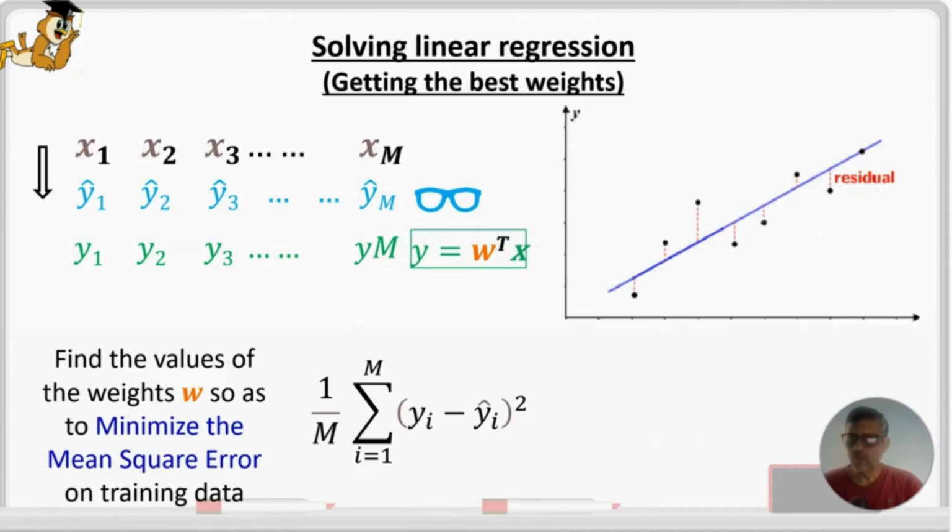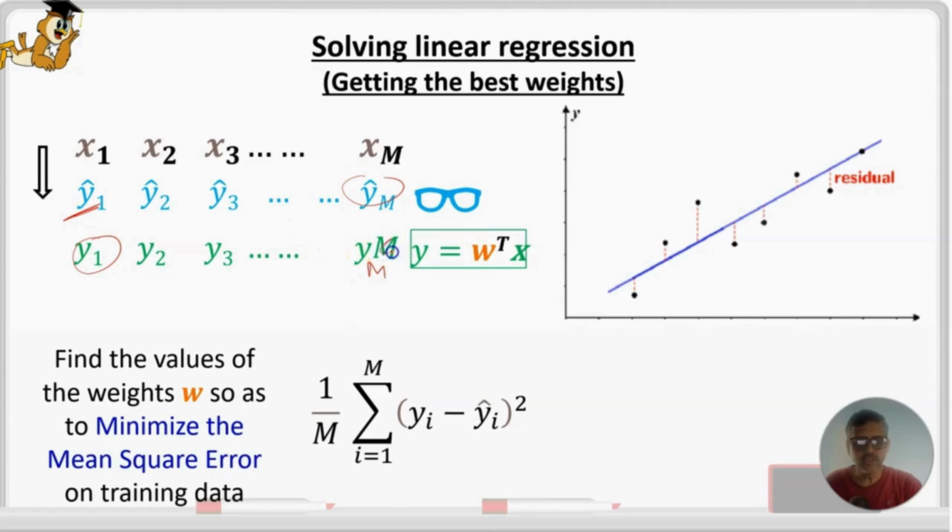Now it's time to mathematically formulate the idea of reducing the distance between the y hats and y's. Once again, I've written here the fact that the y hats are the observed values and the y's are the computed values.